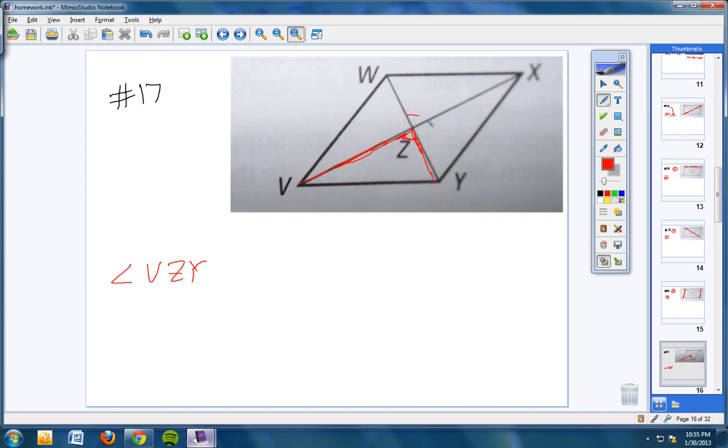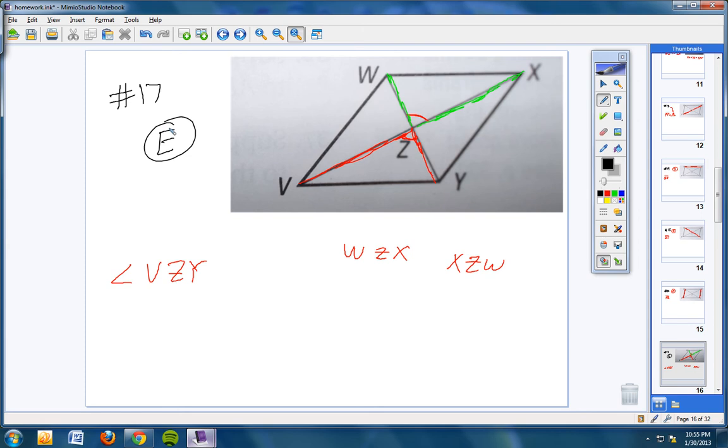Obviously vertical angles are congruent, so we're looking for angle WZX or XZW. W to Z to X, or you could say X to Z to W. Let's see which one they have. They have WZX, and that is letter E. So the answer is letter E.